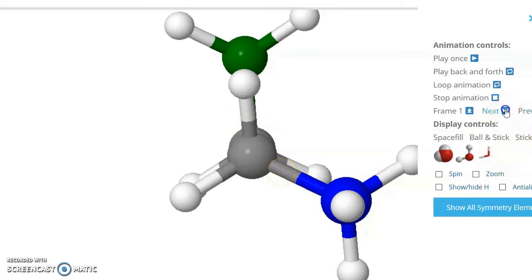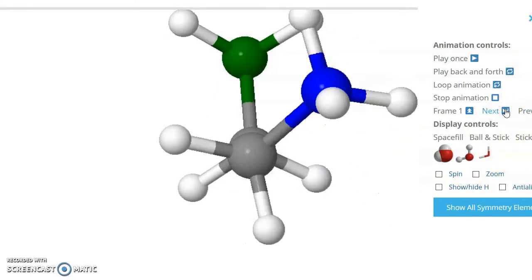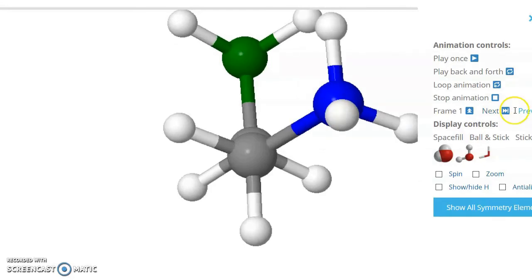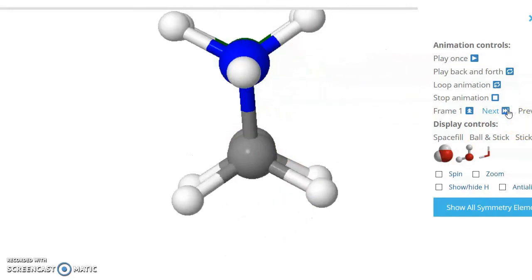Alright, now we can rotate this again. Now we have come to another gauche conformation. Now these two come together, so there will be steric strain over here, but the bonds are anti to each other. Now we rotate this again, and after a 360 degree rotation, we arrive at the eclipsed conformation.